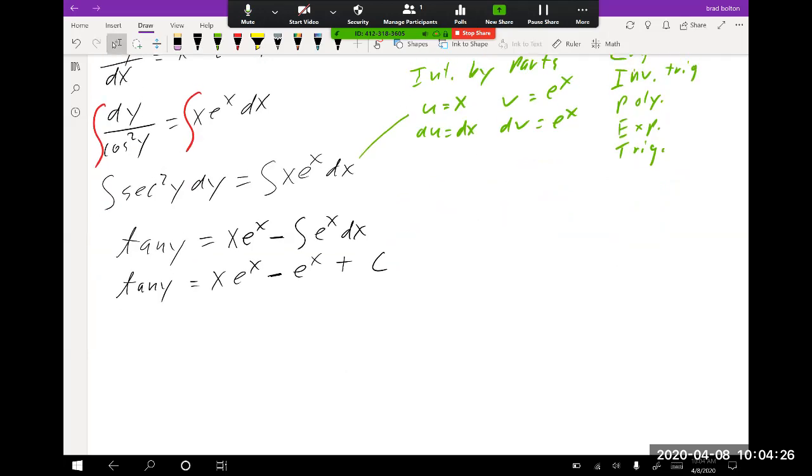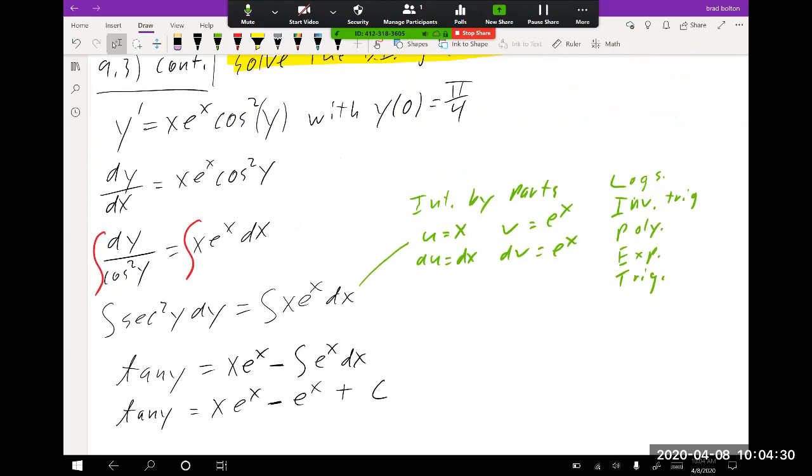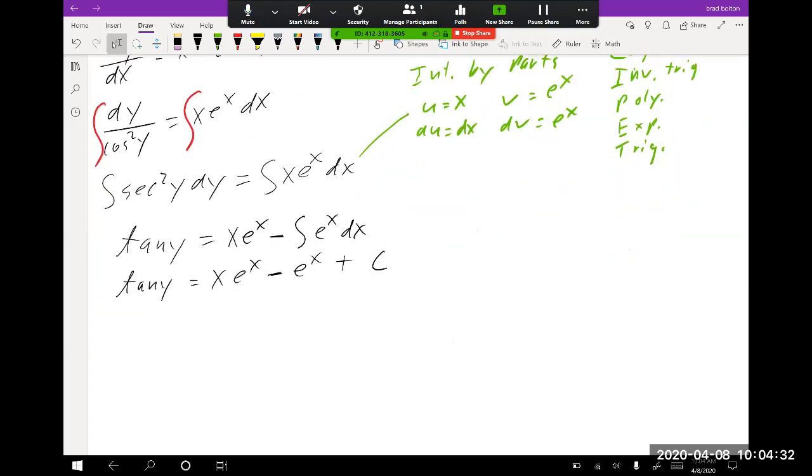Now we can say that if we want to find c, we remember that y of 0 is equal to pi fourths. So that means that tan pi fourths equals, and then we plug 0 in everywhere else for x. So this would be 0 e to the 0 minus e to the 0 plus c. We know that tan of pi fourths is 1, and this is equal to what? Negative 1 plus c.